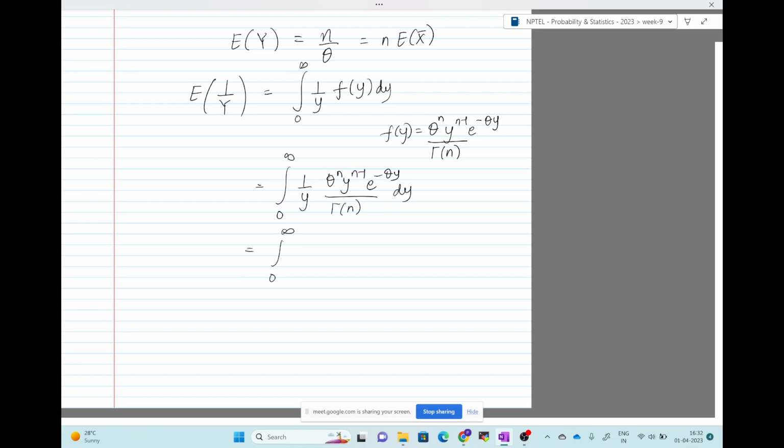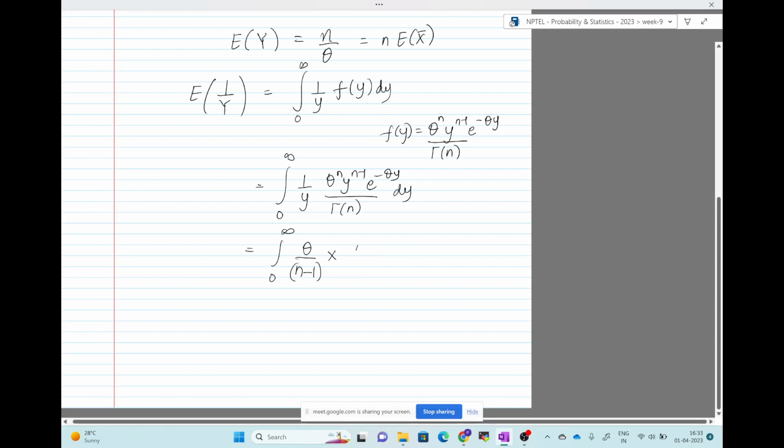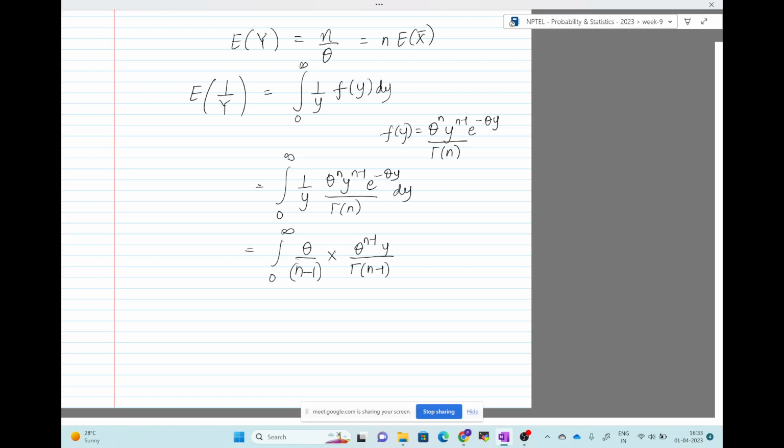And so we can adjust these terms such that if I take one theta outside, and this gamma n can be written as n minus 1 into gamma of n minus 1, and here it is theta power n minus 1 upon gamma n minus 1, y power n minus 2, e power minus theta y dy.